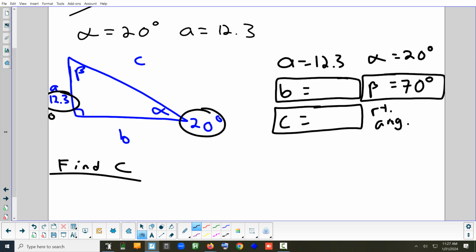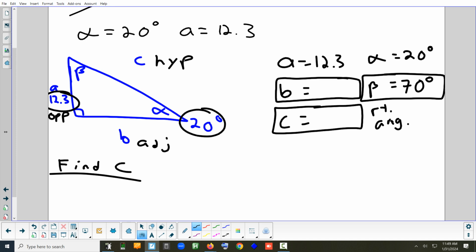Opposite. We were in the middle of finding C, and we had just figured out that A was the opposite. I don't think we labeled C yet, but it's across from the 90. So what's C? It's the hypotenuse.